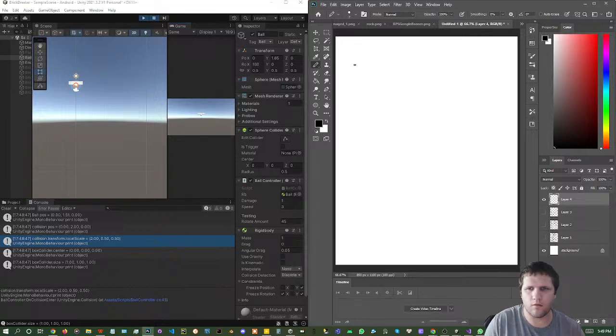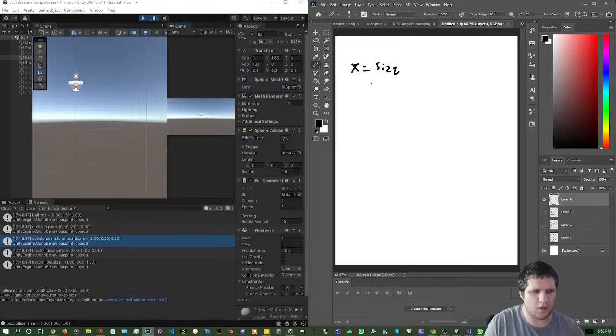So what we want is, okay, so let's say x equals size minus center, yeah, or center plus size. No, it would be center plus position.